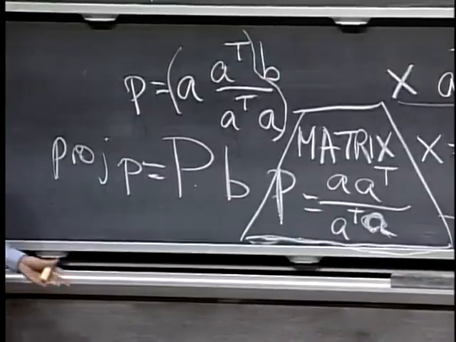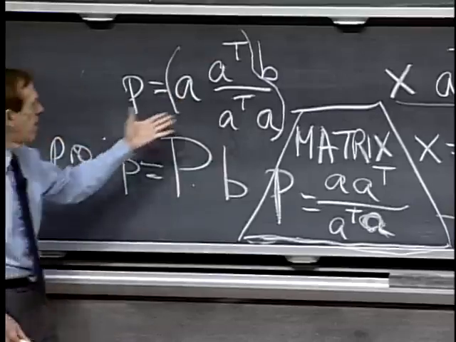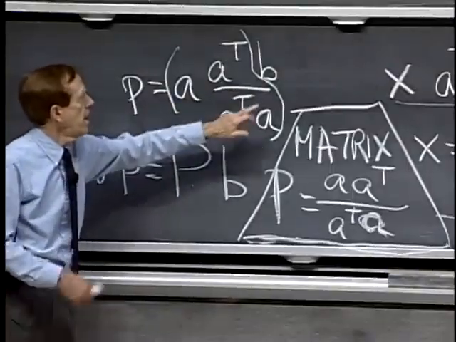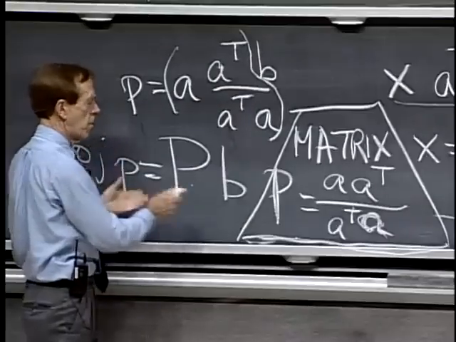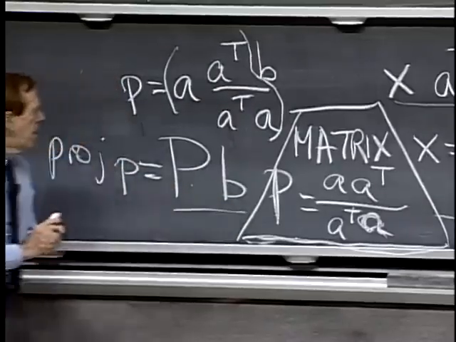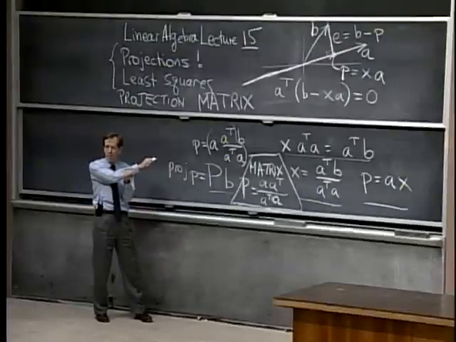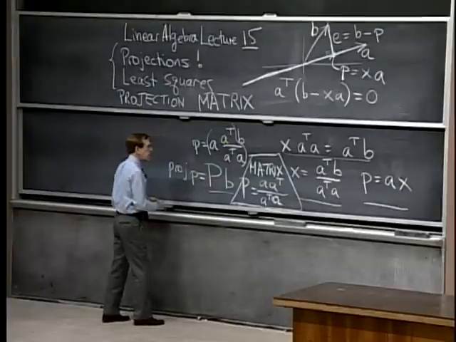Now, what space do we always land in? What's the result when I multiply any vector B by my matrix? So I have P times B. Where am I? I'm on that line, right?